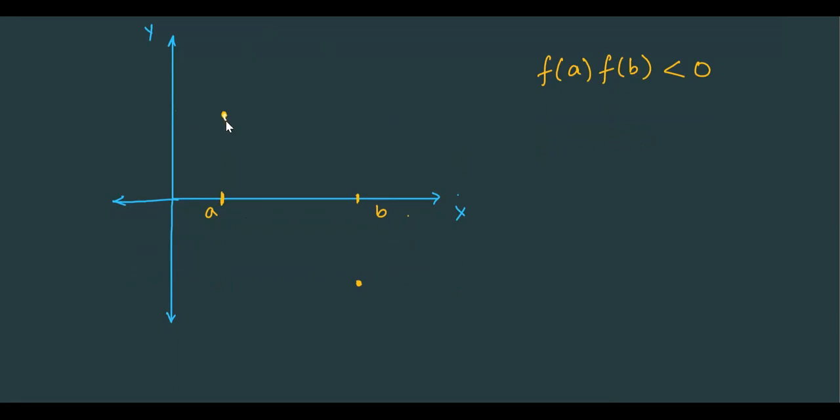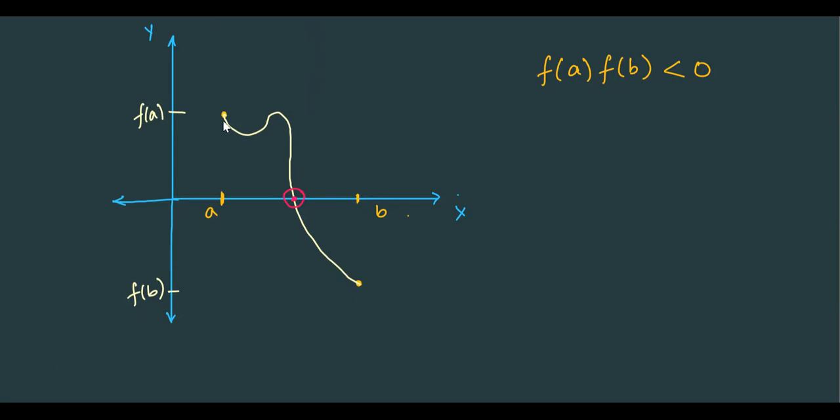No matter what the function is, whether it increases or decreases, without lifting the pen we have to join these 2 points, f of A and f of B. Because the function is continuous, you will have to cross the x-axis, and this curve will necessarily cut the x-axis at least at one point, if not more. They can be more also.